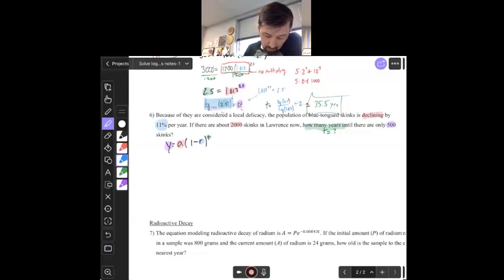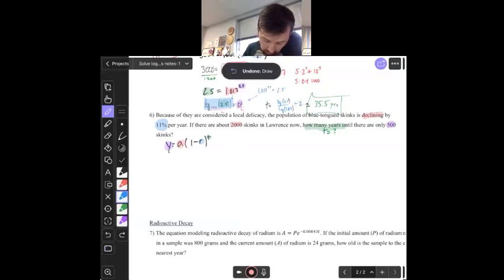So 500 equals that 2,000 that we have now times 1 minus, and that 11% would be 0.11, all to the t power.